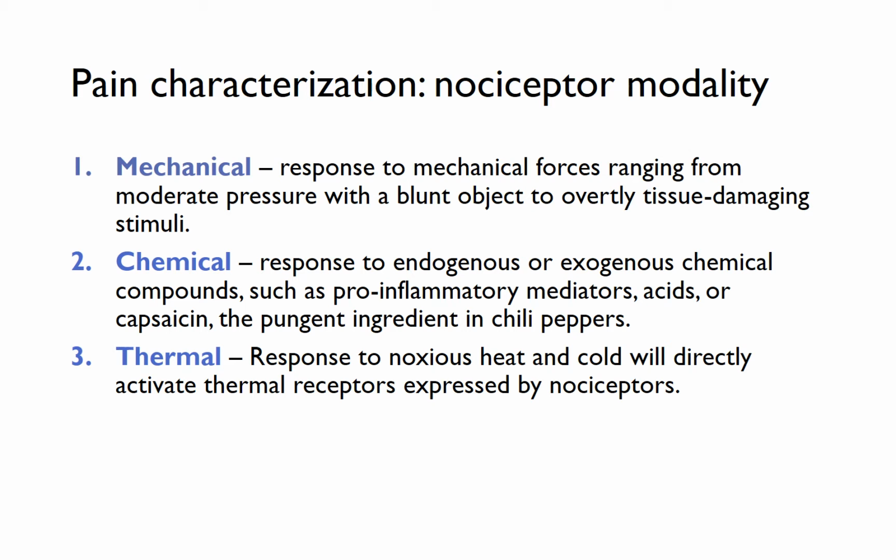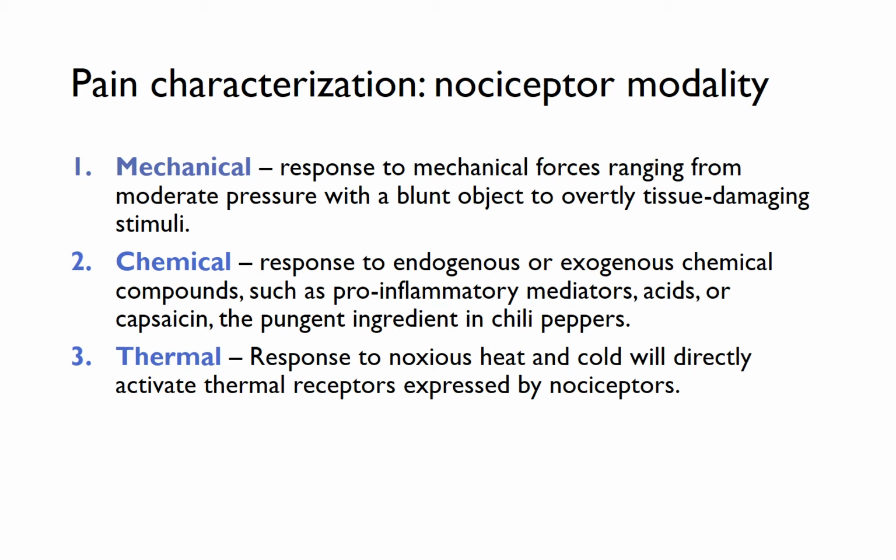Among C or A delta fibers, there are other nociceptor subcategories, primarily based off the sort of noxious stimuli that they transmit and respond to. The three stimuli they respond to are mechanical forces, chemical compounds, and thermal environments.